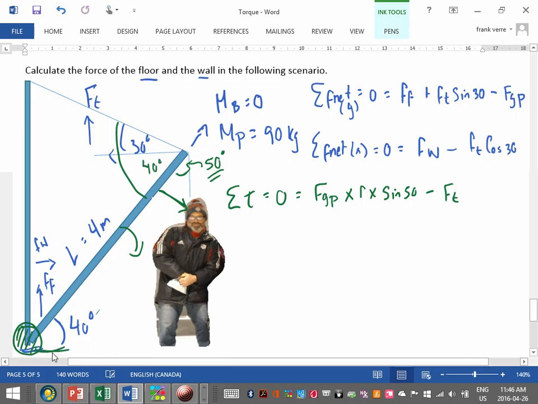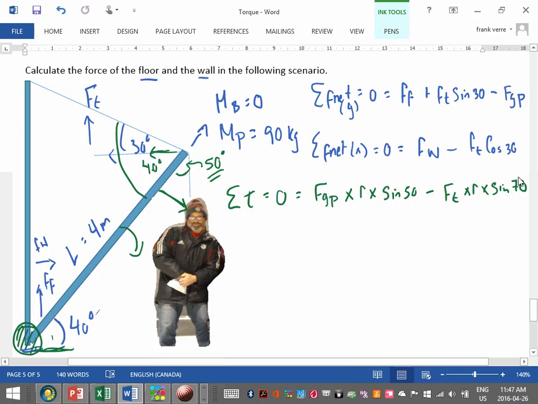I remember that from high school, and I had hair back then. So if that's 40, which would make that 50, then this angle is what? 70. So Ft times R times sine 70 is your other torque.